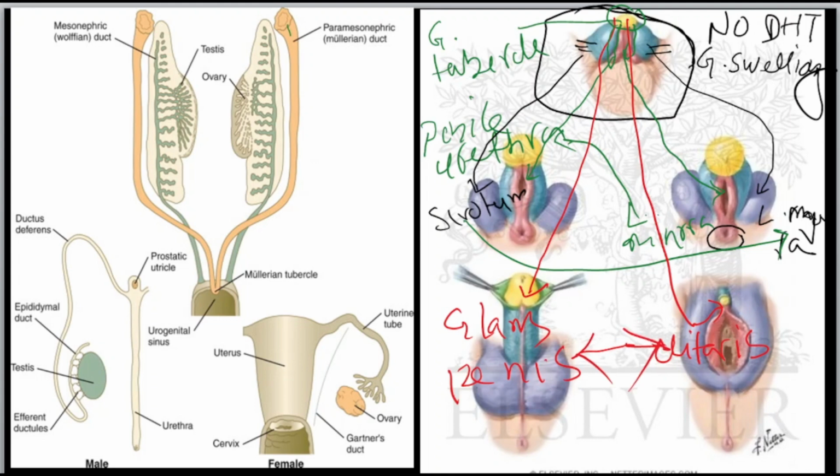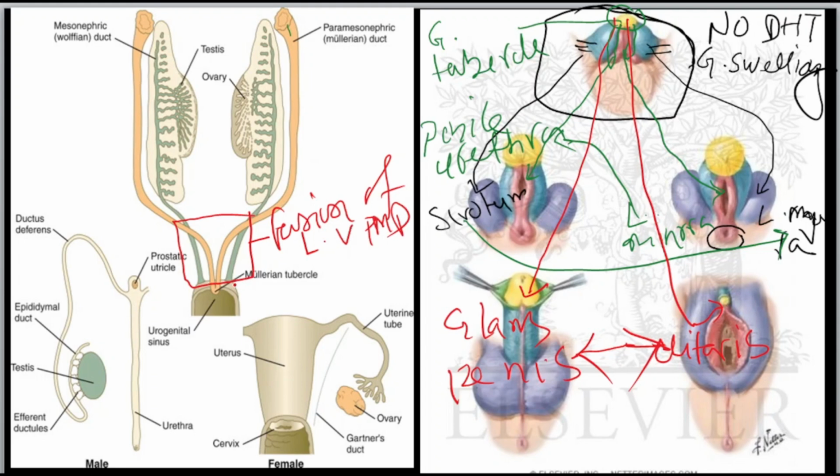Now, one portion remains, that is the lower part of vagina formation. The upper two-thirds is formed by the fusion of the lower vertical part of the paramesonephric duct.